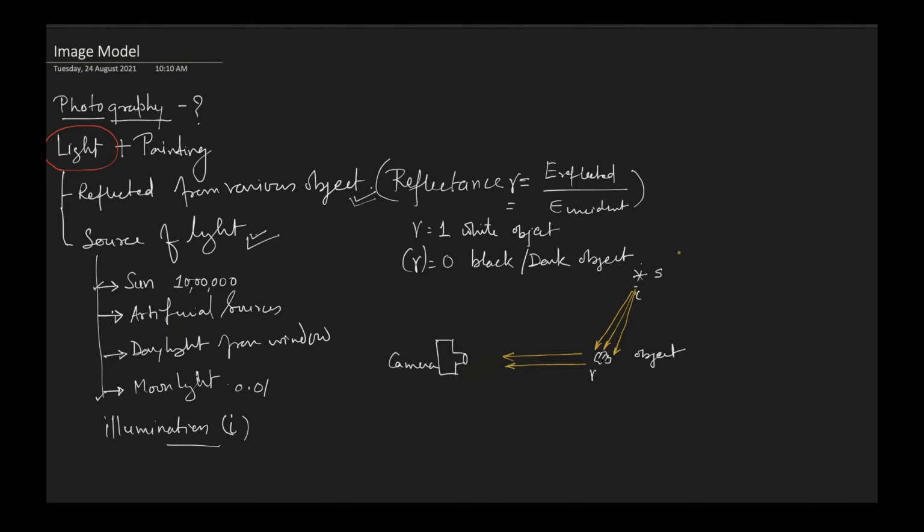So the key question is how much light will enter the camera. I mean, before entering the camera, how much light will be available. If I is the illumination and R is the reflectance, how much light would be available to the camera?